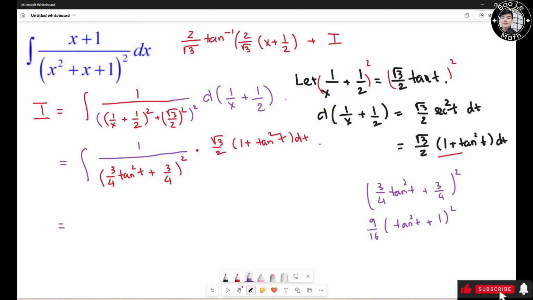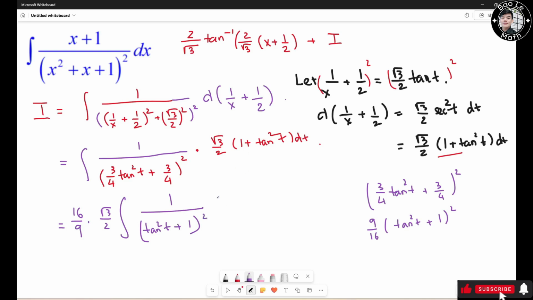So 9 over 16, I bring it to the front, it turns out to be 16 over 9. And then you have root 3 over 2 right here. So this becomes the integral of 1 over tangent square of t plus 1 altogether square.